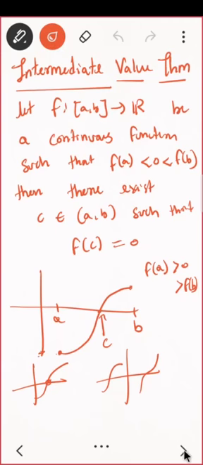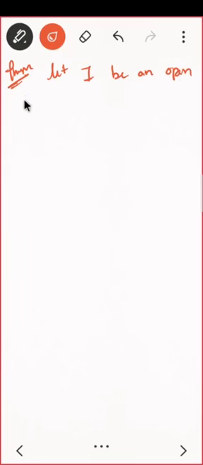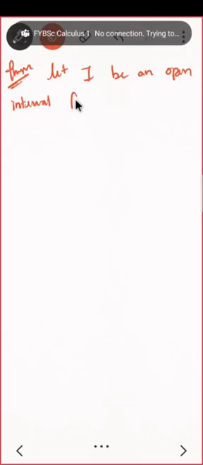But before proving this theorem, let me prove something else. Let us prove a small theorem, you can say. Theorem: Let I be an open interval, and f from I to R be a function.